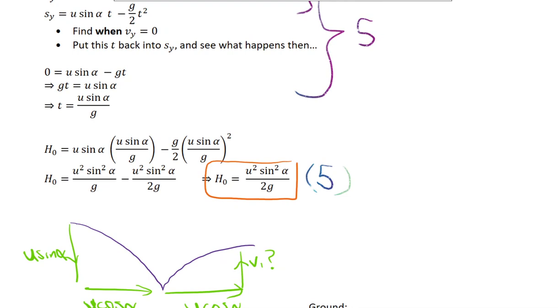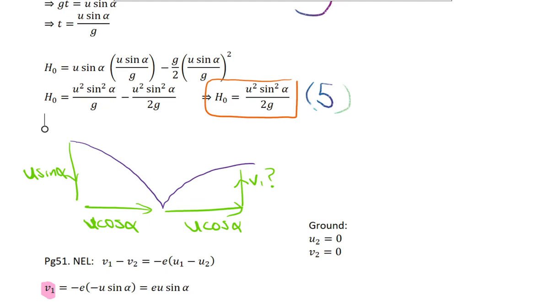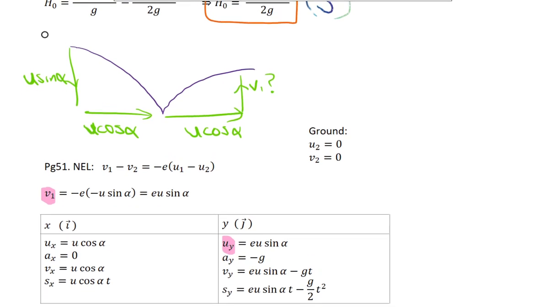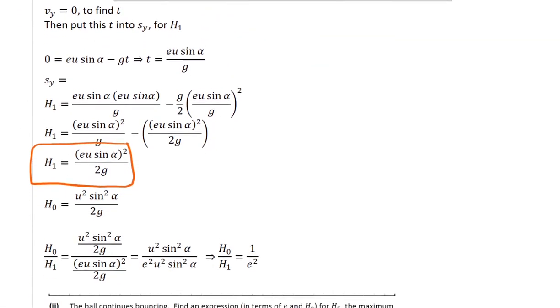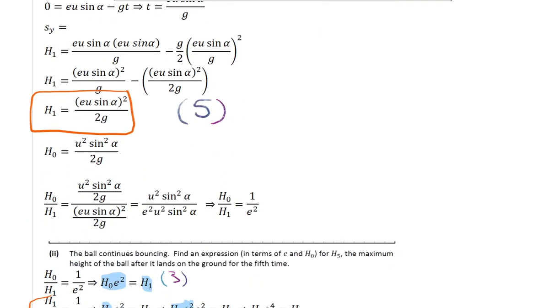Now this is absolutely made up on the spot by me, so please don't take this as any kind of absolute truth. Then using Newton's experimental law is definitely at least 5. Putting this stuff in here is 5 again. Then finding H1 would be another 5. Then doing this would be 5.